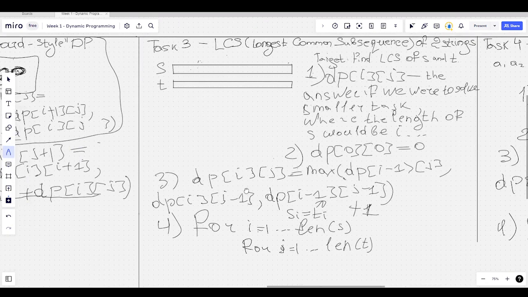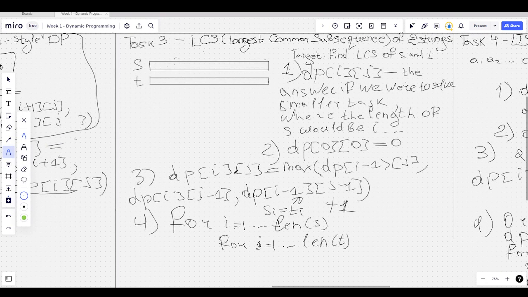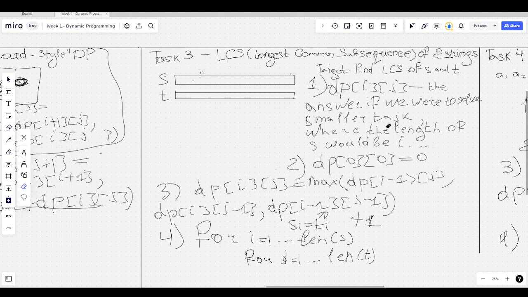Let's move on to the next task, and the next task is longest common subsequence. We are given two strings s and t, and I noticed that the lengths of s and t can be different, and the target is to find the longest common subsequence of s and t. What is a subsequence? Subsequence in this task means not a slice.